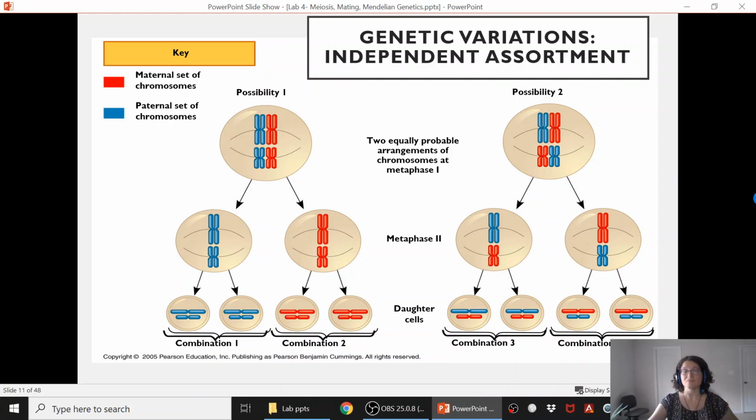flipping. Independent assortment means that the orientation of these 2 chromosomes is not related to the orientation of these 2 chromosomes. That's going to matter when next week we get into more complex 2-gene relationships, okay? And it has to do with that and/or rule.